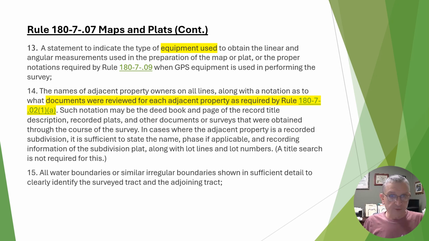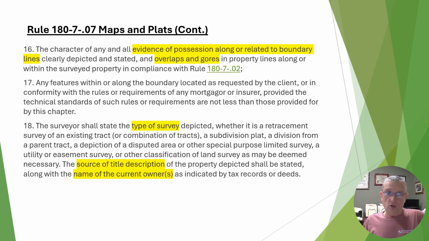Water boundaries must be shown in sufficient detail to clearly identify the surveyed tract and the adjoining tract. That kind of goes without saying, but that's also basically saying that you can use a meander line. Paragraph 16, evidence of possession along or related to the boundary lines.